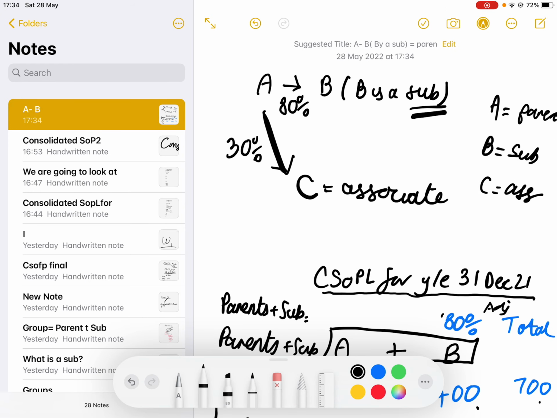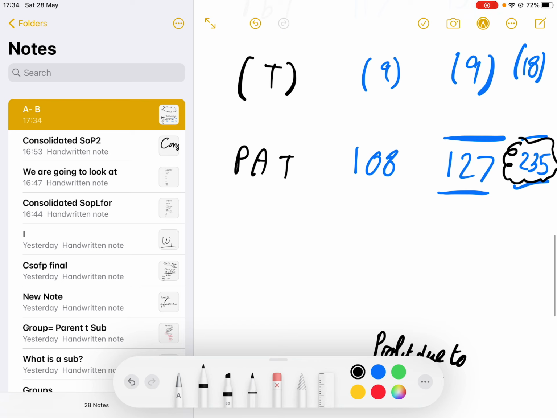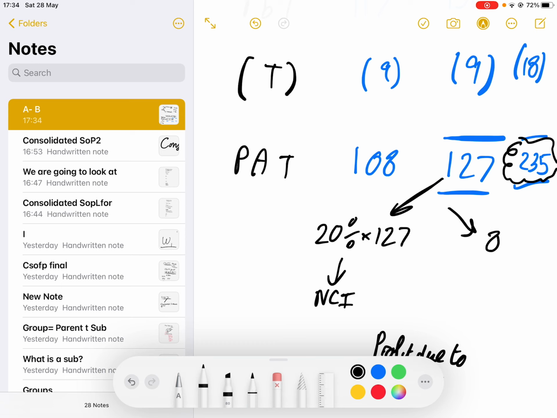Now, where's the NCI actually arising? Well, A has 80% of B, so NCI has 20% of B. And notice how I put 80% at the top of B, to remind me of the allocation of share capital. So of this profit, 20% times 127 is going to go to NCI, and 80% times 127 is going to go to the owners of the parent, who might be high net worth individuals, you don't know.